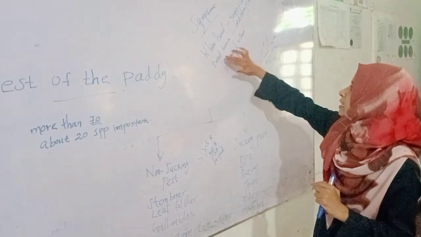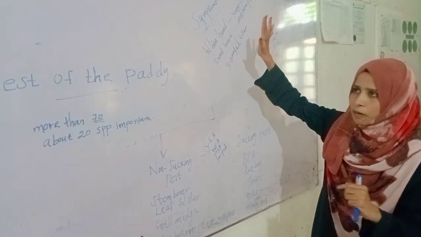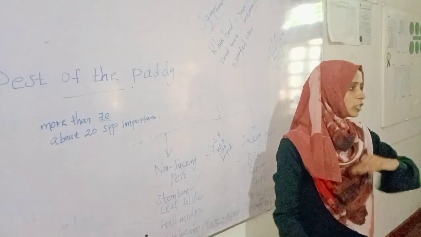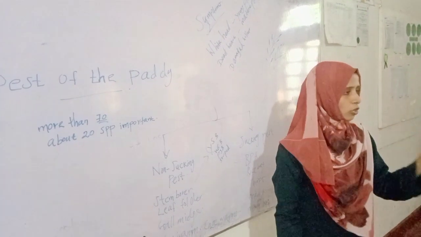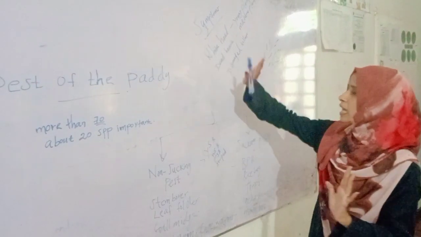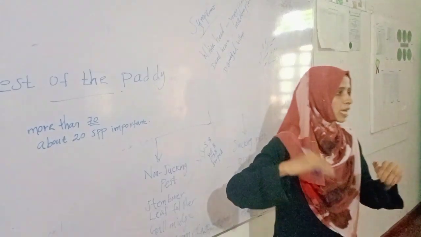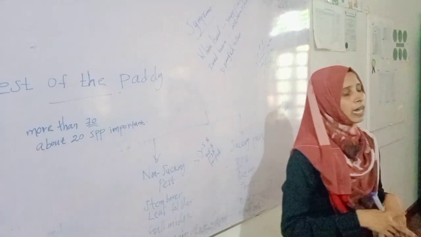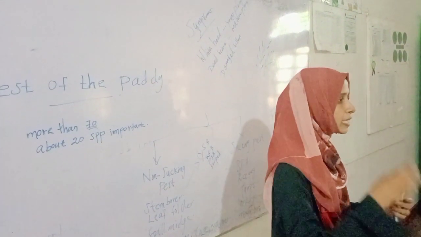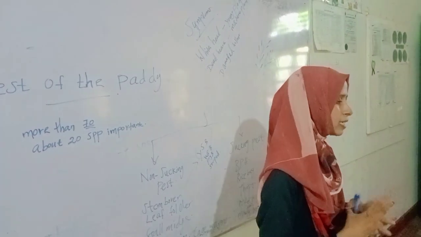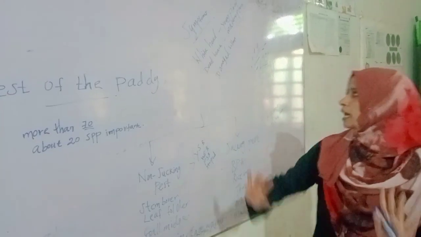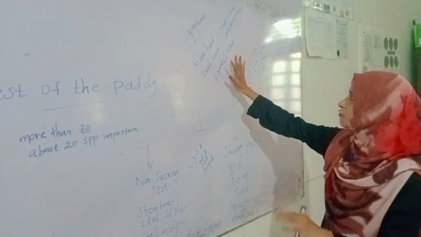Dead heart occurs in mature plants, which are affected and do not form grain. After that, other symptoms are that the stems break easily, and the tillers also burn. That is all about the symptoms of the yellow stem borer.